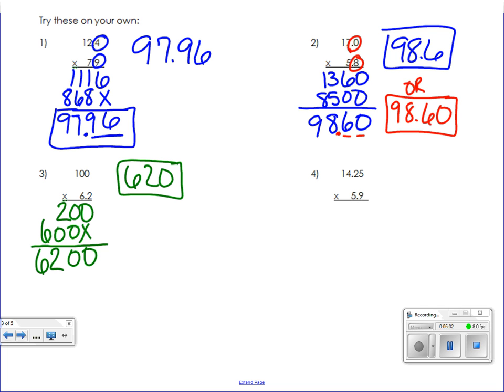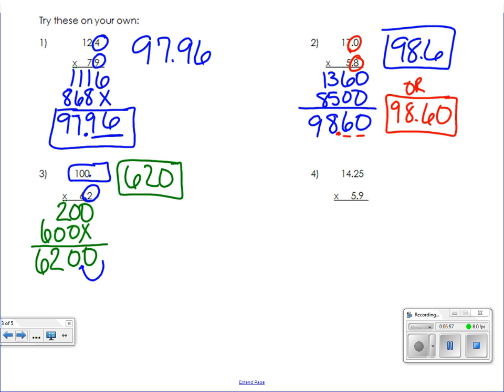But wait a minute. I've got a decimal here, so I know there's one number, but I don't see a decimal on this number. Where's my decimal? Oh, wait, that's right. It's behind my 100 because it's a whole number. But I have nothing behind it. So I only have to move my decimal over one time. And that's how I got the 620.